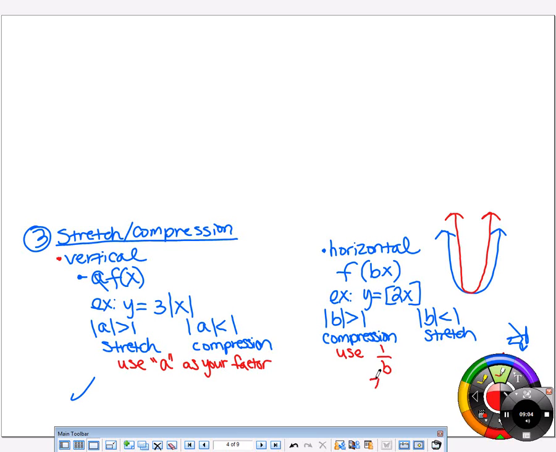If you don't like 1 over b, if you like the word reciprocal better, you can use that as a factor. And again, when we do an actual number example, this will be a little more clear. So the horizontal stuff is all wacky, like the opposite of what you think is going to happen. And the vertical stuff is a little more clear, like exactly what you see is kind of what you're going to get at the end.